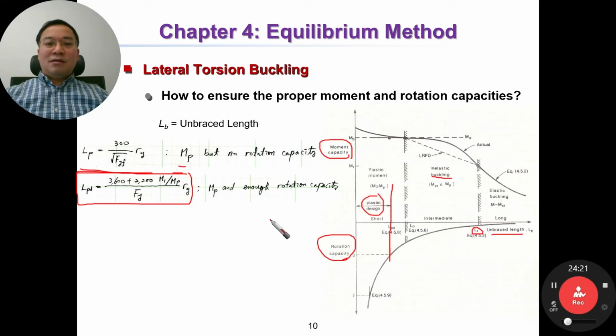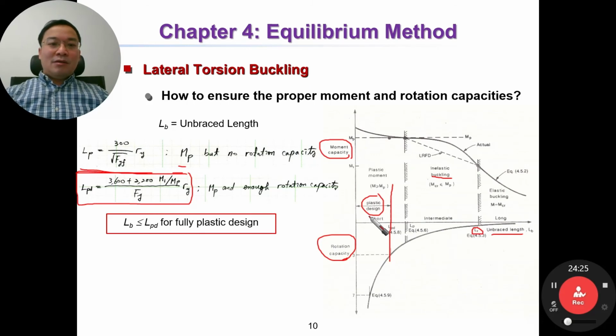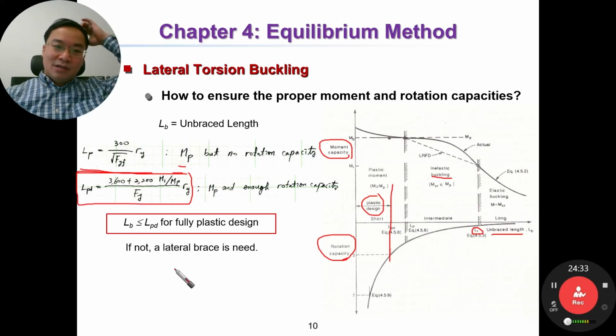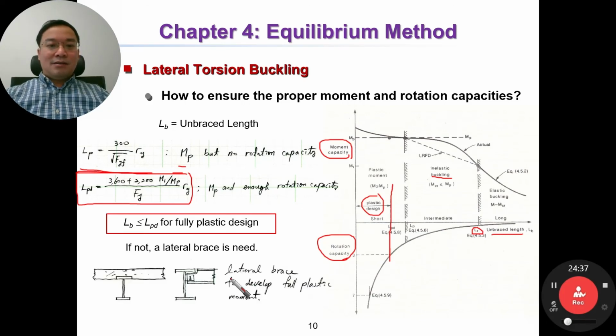In other words, in plastic analysis and design, the unbraced length should be smaller than LPD. If not, we need a lateral brace like this.